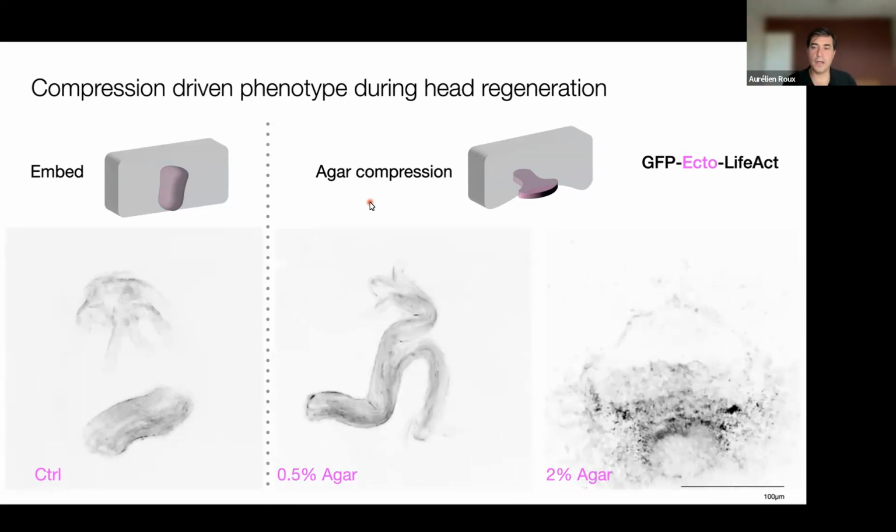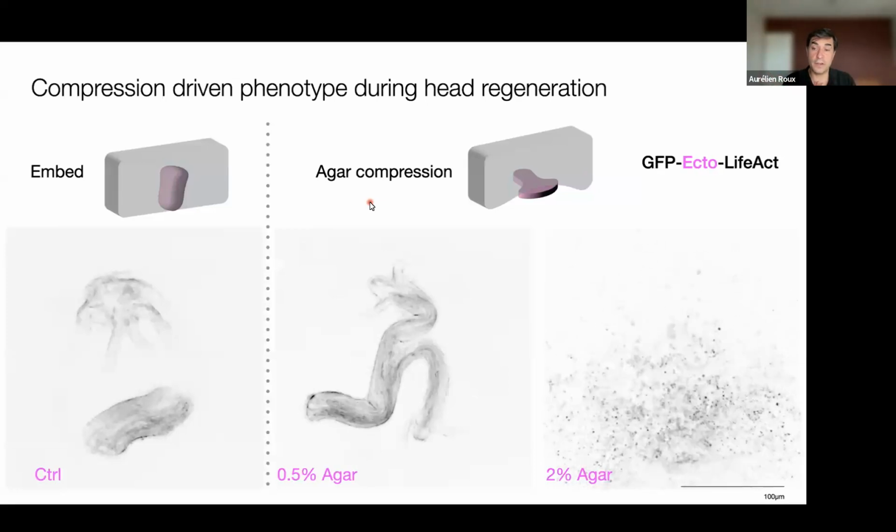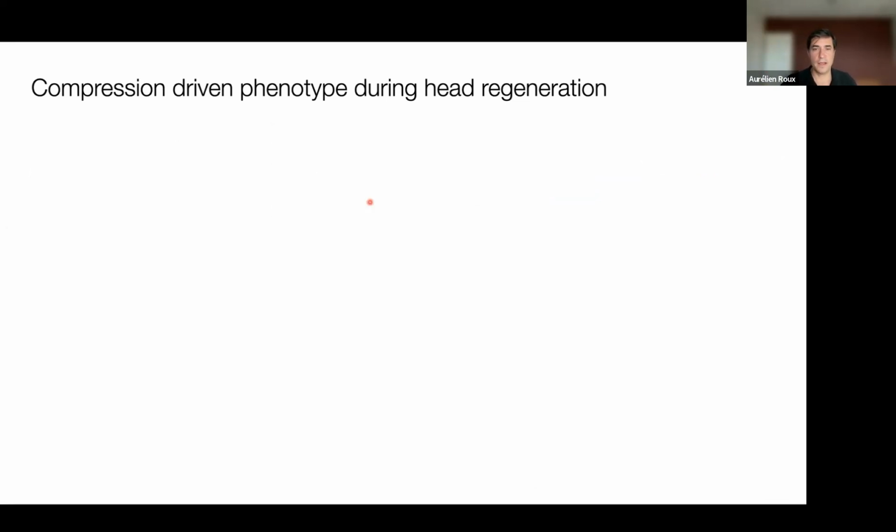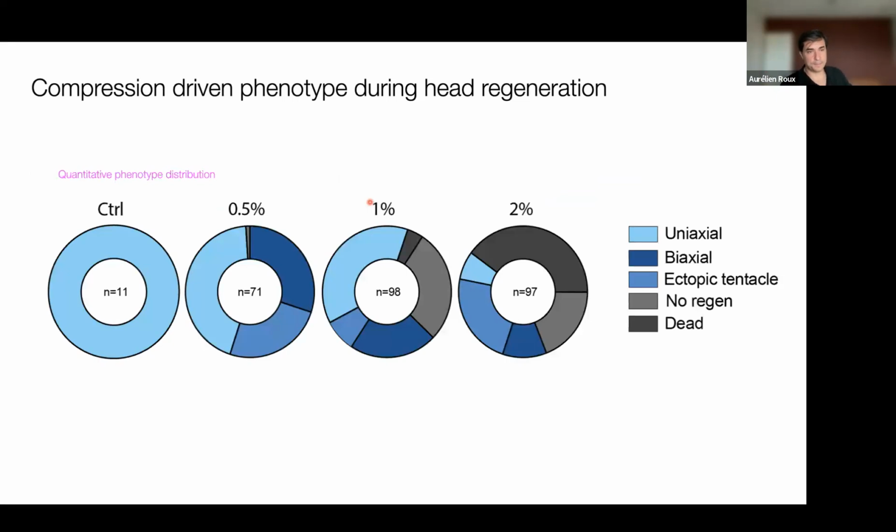If the slab is too rigid, instead of regenerating, the animal sees its cells being dissociated, and the animal dies from dissociation, essentially. These are the statistics.